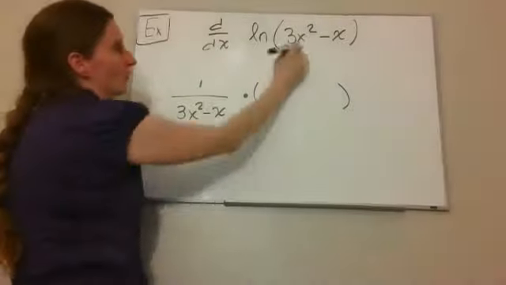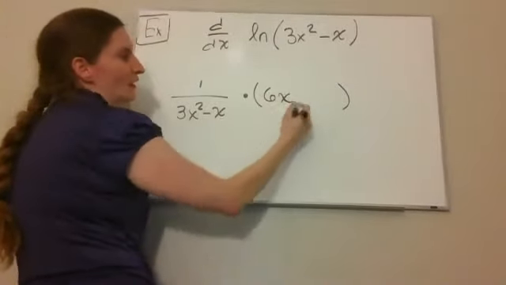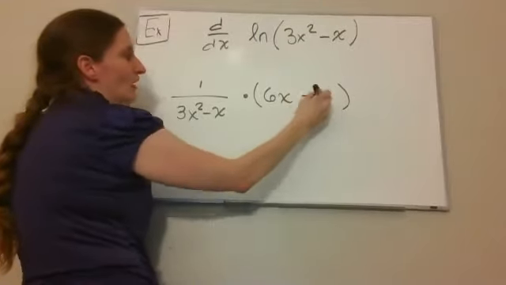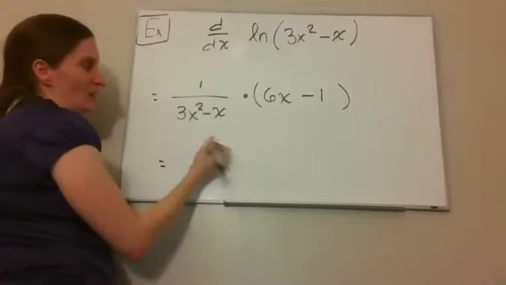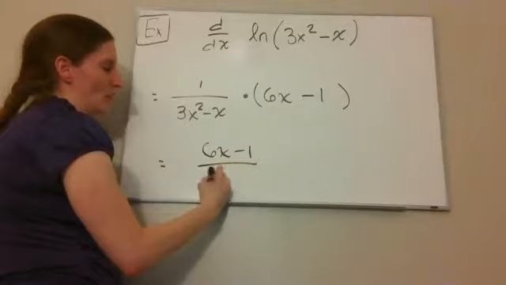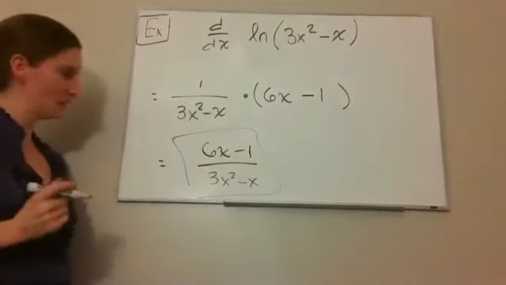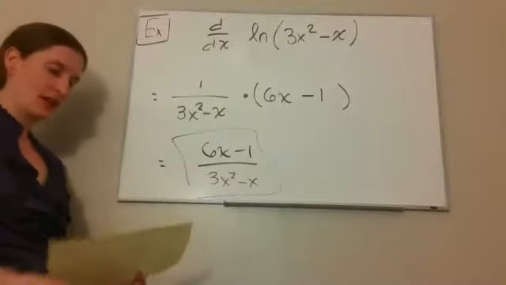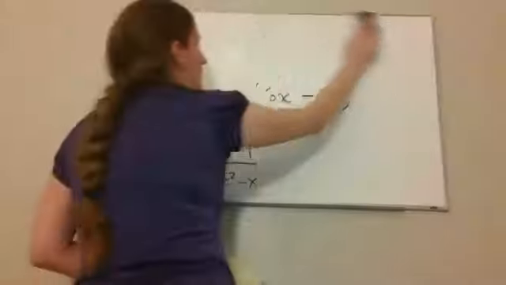So when I take the derivative of this inside function, I need a power rule to get me a 6x. And then remember the derivative of x is 1. So when I simplify this, well, it doesn't really simplify, but I'm going to get 6x minus 1 over 3x squared minus x as my answer. All right. So now let's do a more complicated example.